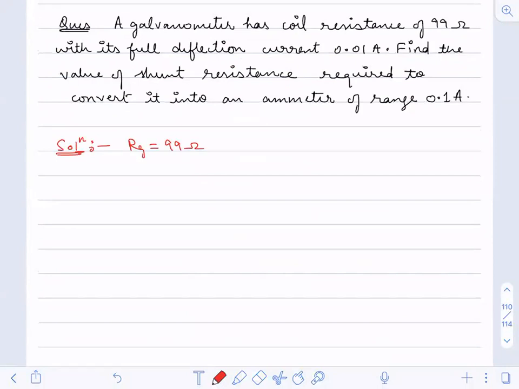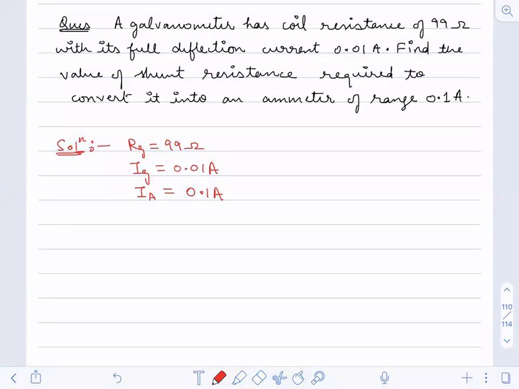Its full deflection current Ig value is 0.01 ampere. Find the value of shunt resistance required to convert it into an ammeter of range 0.1. A range of 0.1 means from 0 to 0.1 ampere it can measure.